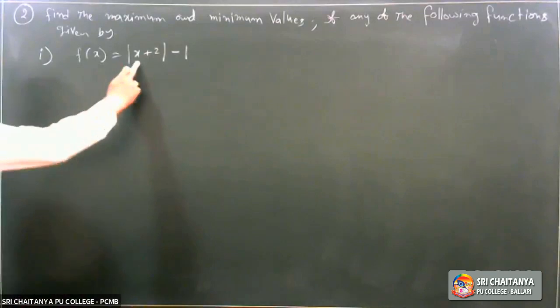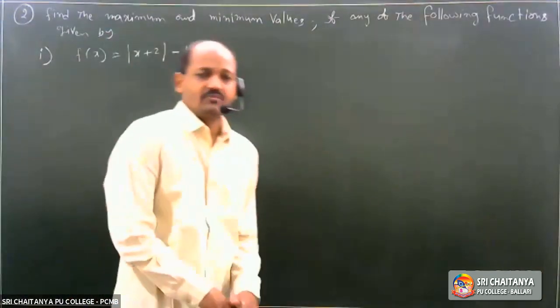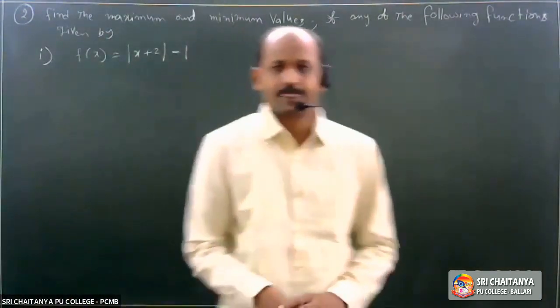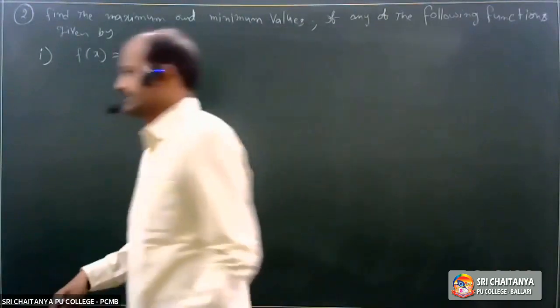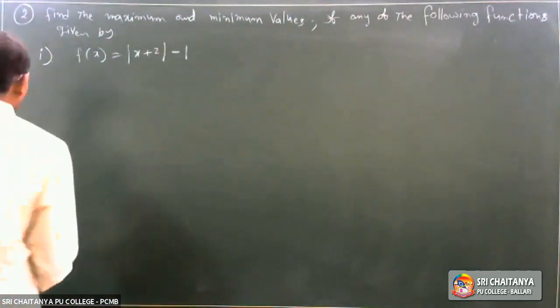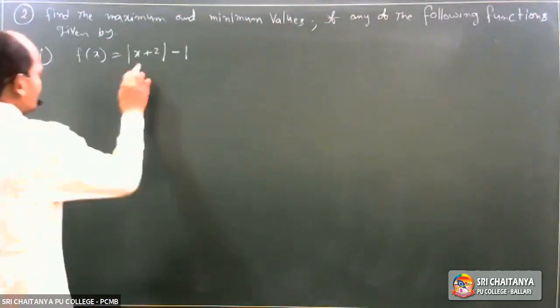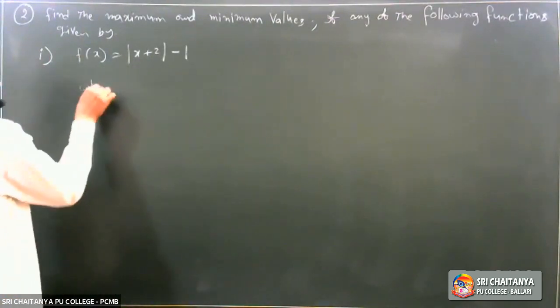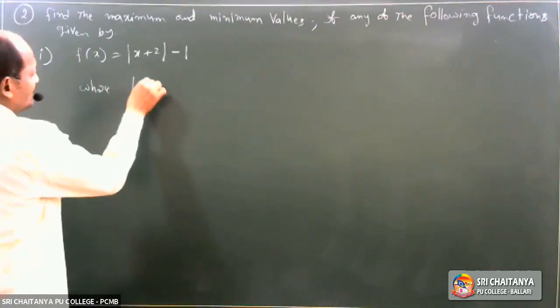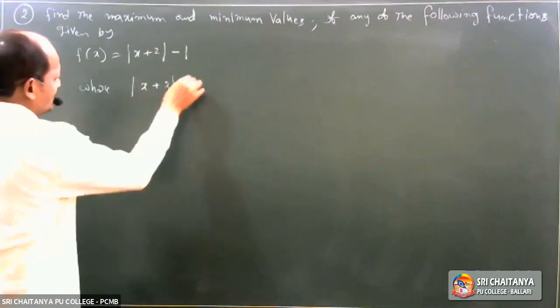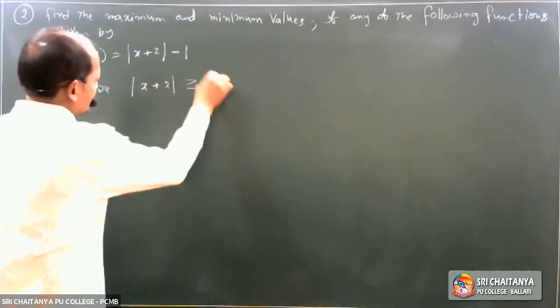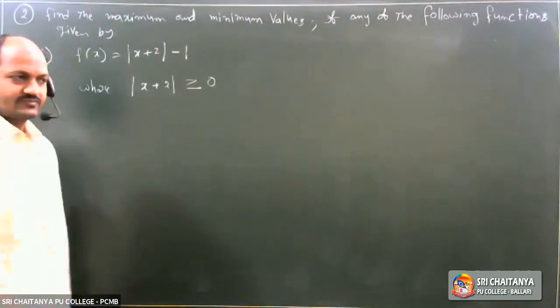It is a modulus. Modulus of minus is equal to plus, and modulus of plus is also plus. So modulus of x plus 2 is always greater than or equal to 0.